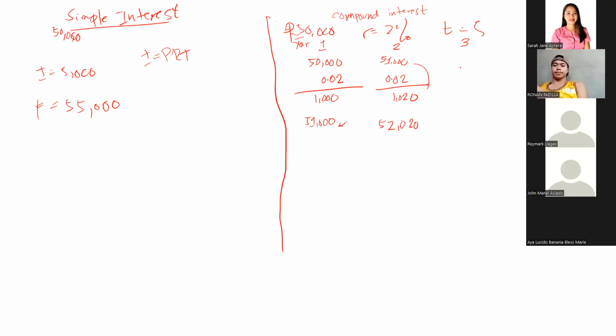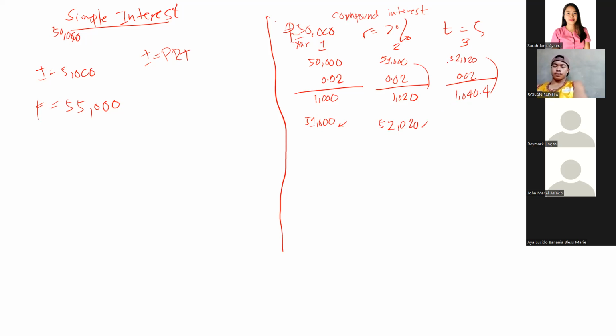Now, di ka pa ngayon nakabayad for the second year. Gusto mo pang 3 taon. So, tigdi ka sa accumulated amount, 52,020 pesos, digdi na matubo ki 2%. So, 52,020 times 0.02, ang patong nakaan, 1,040.4. Now, pira gabos ang babayadan mo kung gusto mo na siyang bayadan sa pang 3 taon.